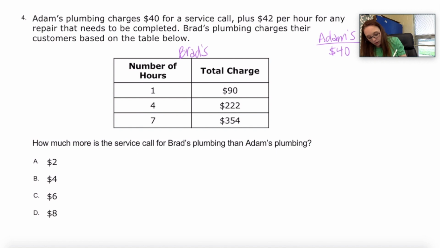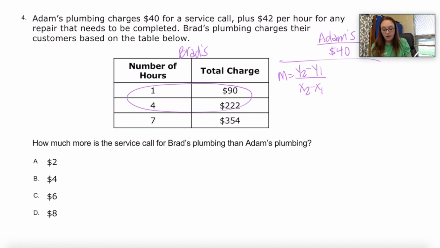So for Brad, though, step 1, we're going to have to find the slope. So we're going to take the difference in the y values divided by the difference in the x values. So 222 minus 90 over 4 minus 1.